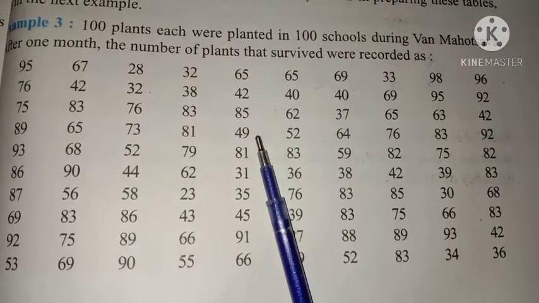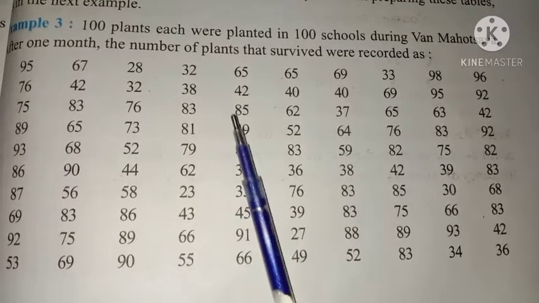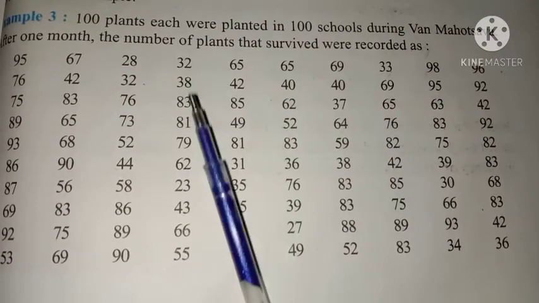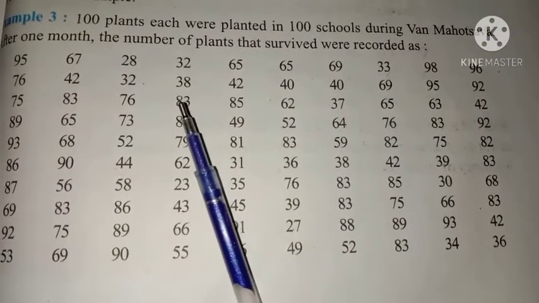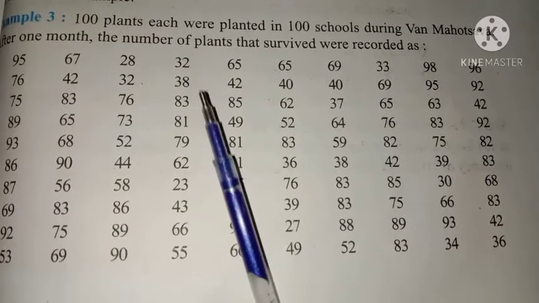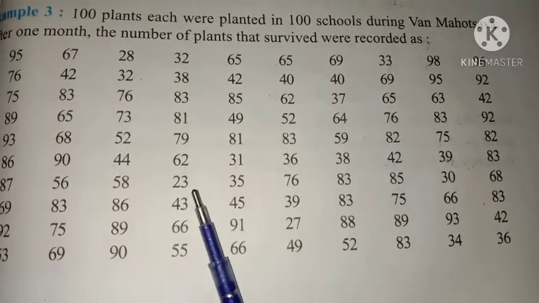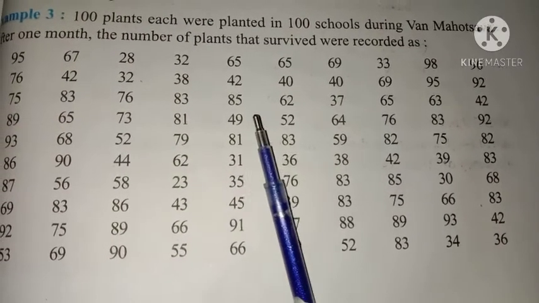So in this case, we are going to reduce or represent this data in the form of class intervals. To write class intervals, first we need to find what is the least value and what is the highest value.